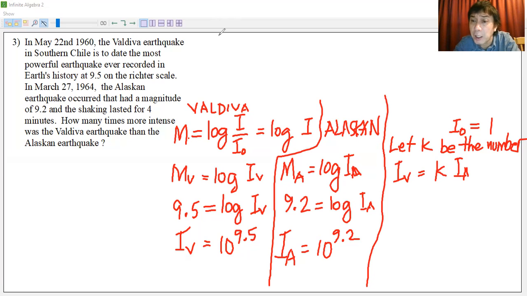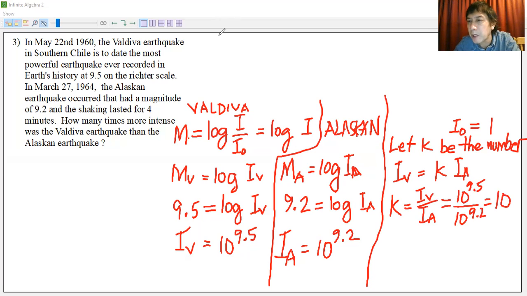If we solve for k here, k is equal to IV over IA. And so by using the numbers that we have, IV is 10 raised to 9.5 divided by IA, which is 10 raised to 9.2, which gives us 10 raised to 9.5 minus 9.2. We subtract the exponents. We have something like 0.3. So 10 raised to 0.3, we have k.